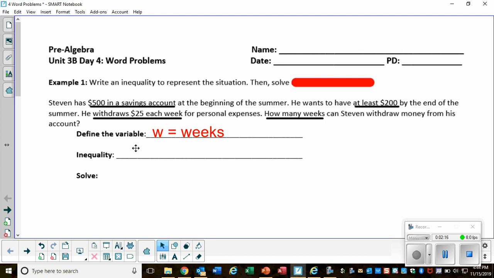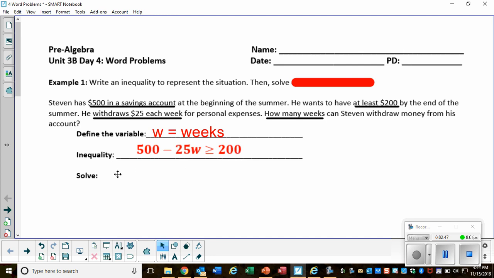So 500 minus 25 each week. And then at least means we can have more. We could have equal to, we cannot have less. So that means we're going to use greater than or equal to. So our inequality looks like this. So $500 in the savings minus the $25 each week, and that has to be greater than or equal to $200 by the end of the summer.